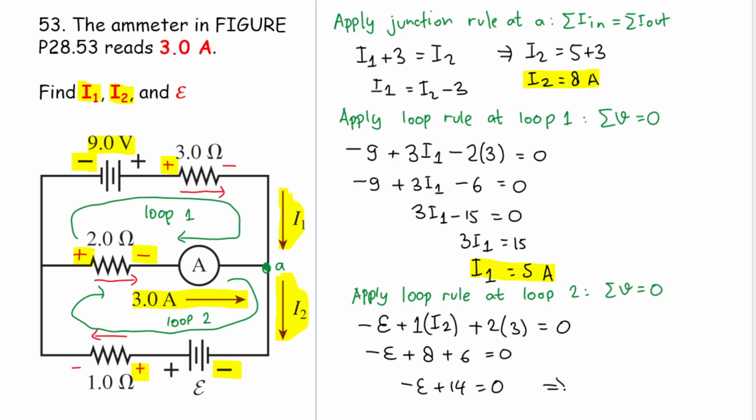Good, and so our E here is equal to 14, and the unit here will be volt. I think that's all for this problem. We have found I1, I2, and also E, which is the question asked by the problem.